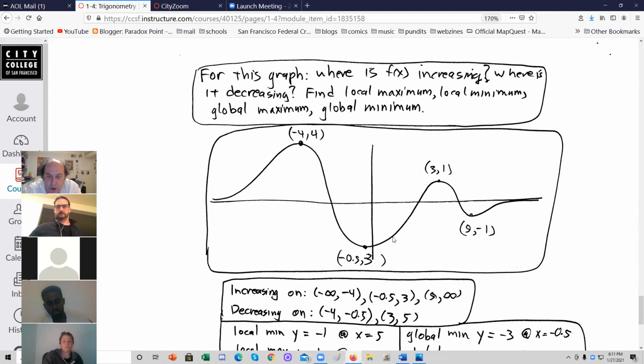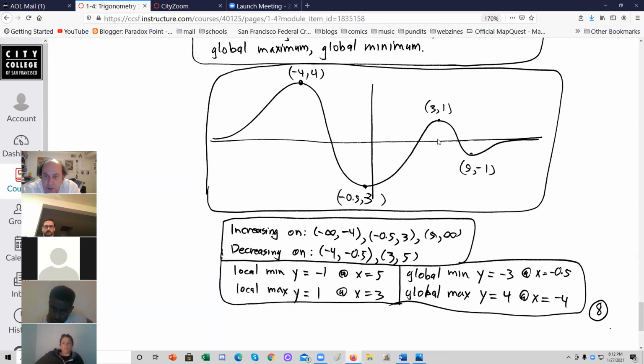It's increasing for these values of x from minus 0.5 to 3. And it's increasing for these values of x from x equals 5 onwards, 5 to infinity. Is it decreasing on this part of the graph where x is between -4 and -0.5? It's also decreasing on this part of the graph where x is between 3 and 5, like this and this.